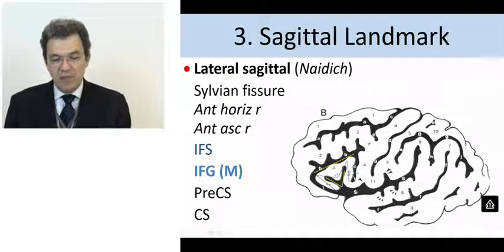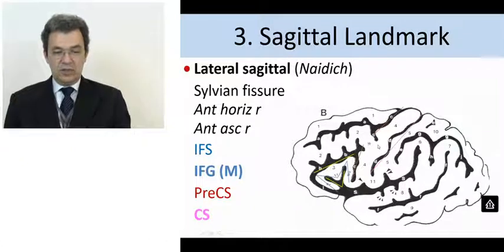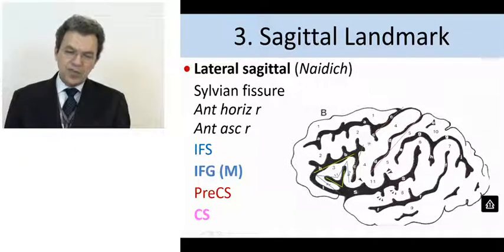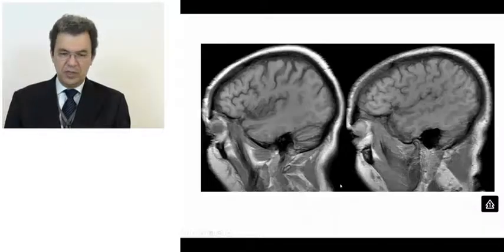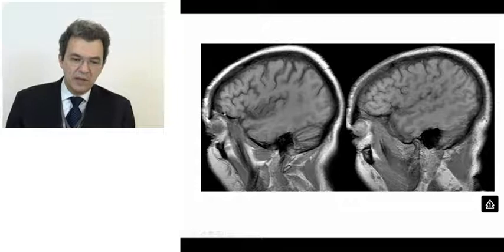Behind the M, you have the precentral sulcus, which is typically interrupted by a junction between the middle frontal gyrus and the precentral gyrus, and then you have the central sulcus. So it's not really very difficult. It's just following, remembering, and then following those steps. Let's try this here. Have a look at it.